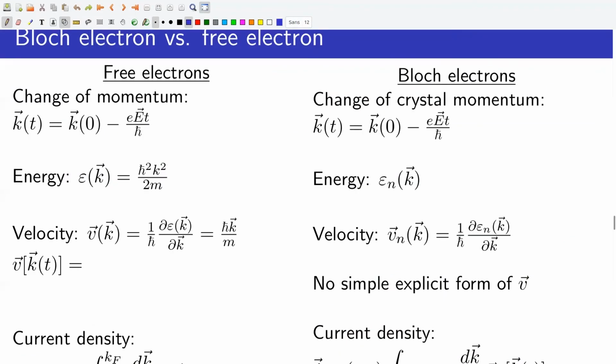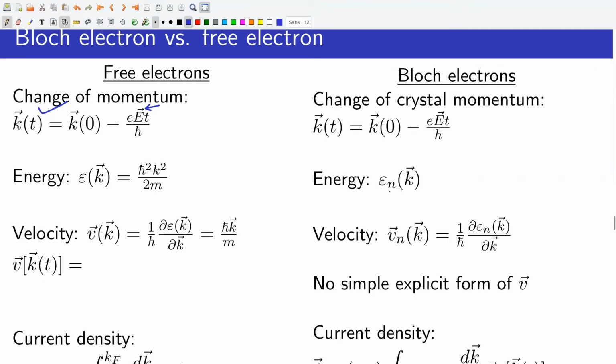Before proceeding further, let me compare the steps leading to current density calculation for Bloch and free electrons side by side. In case of free electrons, this is how momentum changes when an external electric field is applied.